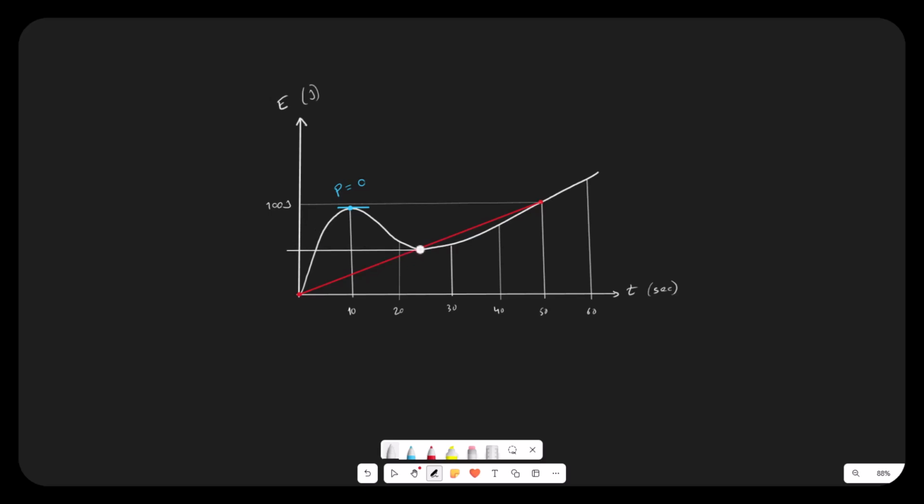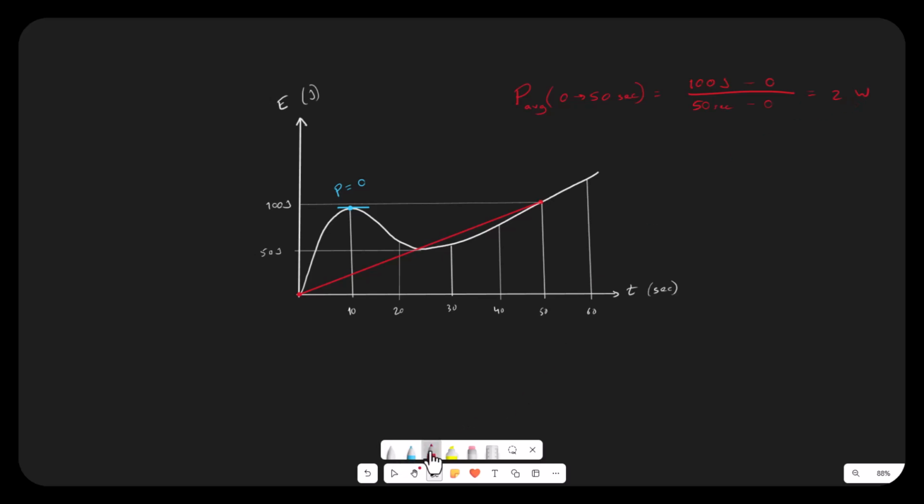So we can go 50 here. Then I would say that my average power from time equals 0 up through 50 seconds is going to be 100 joules minus 0 divided by 50 seconds minus 0, which is 2 watts.